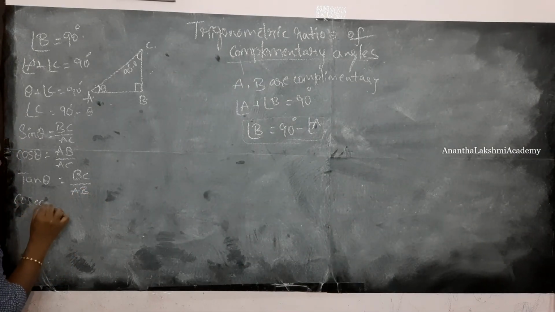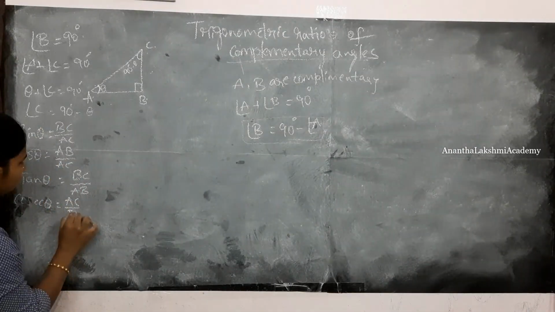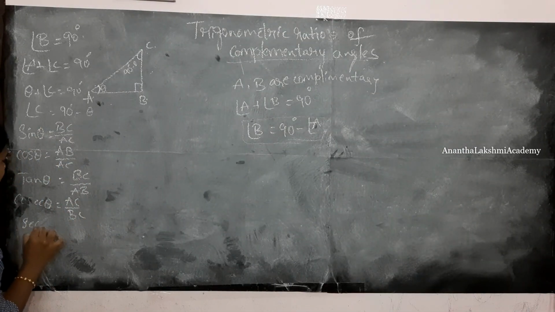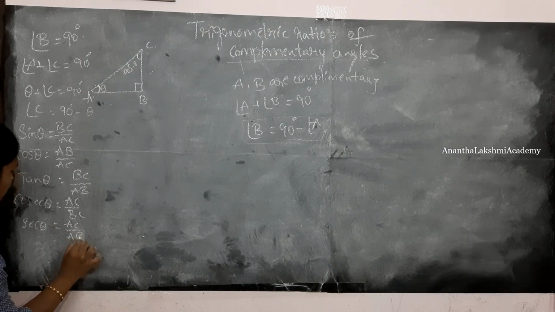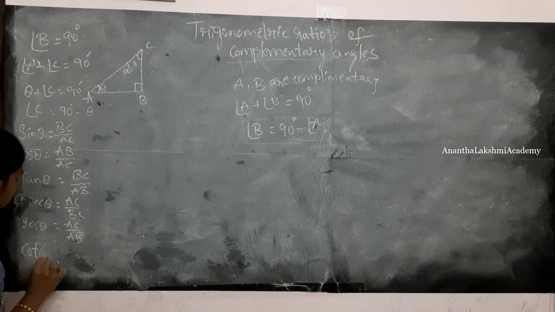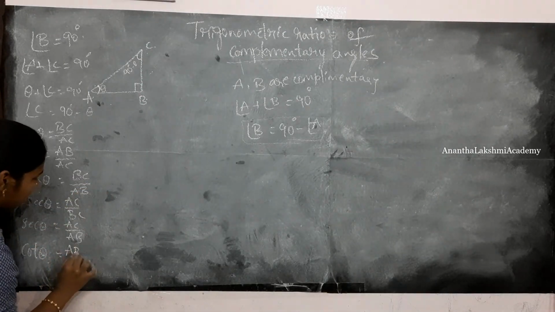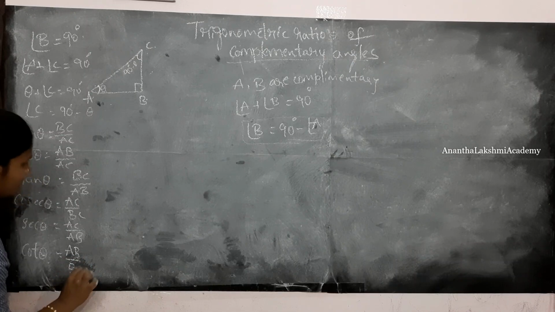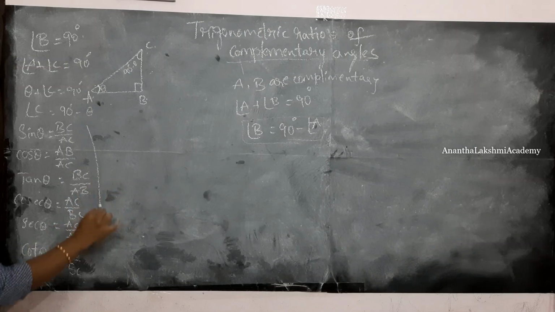Cosecant theta is 1 by sine, AC by BC. Secant theta is 1 by cos, AC by AB. And cot theta is AB by BC. Alright, these are the trigonometric ratios for theta.